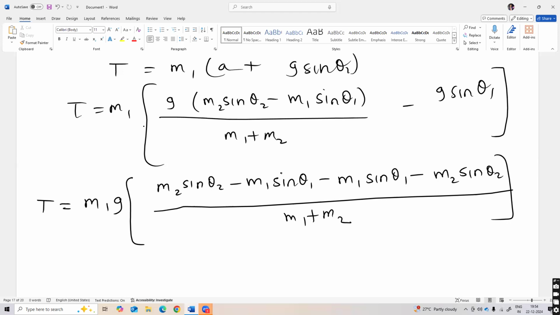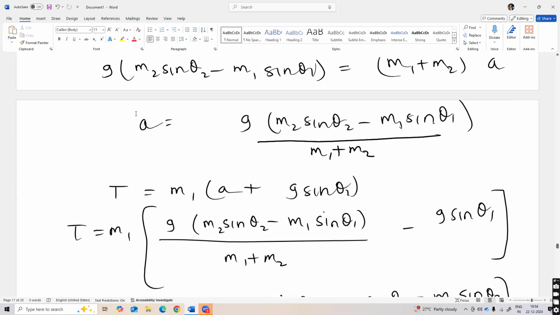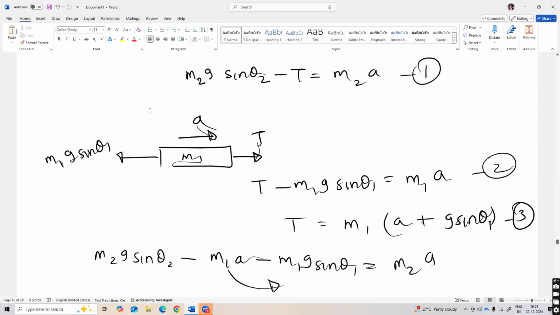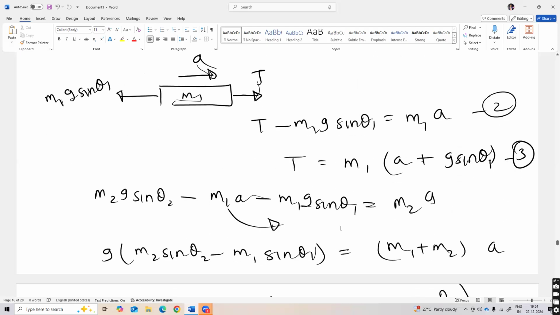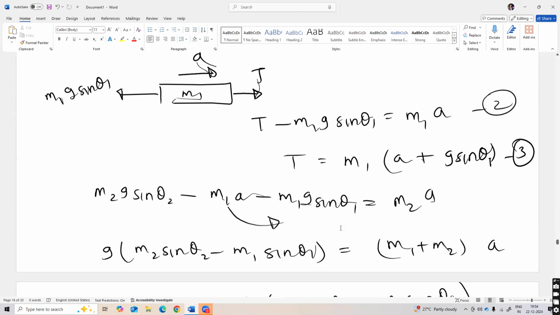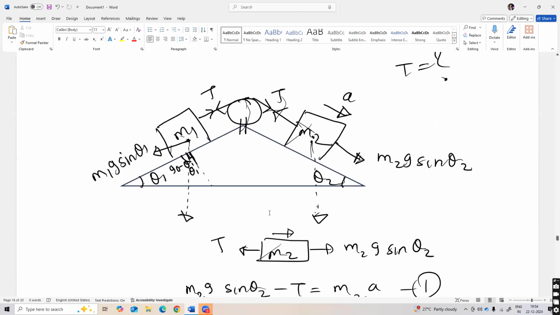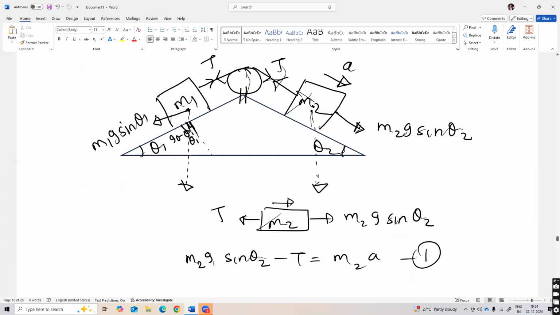So T minus m1 g sin theta 1 is equal to m1 into a. And m2 g sin theta 2 minus T is equal to m2 into a.